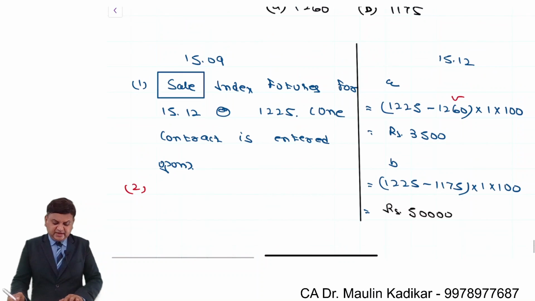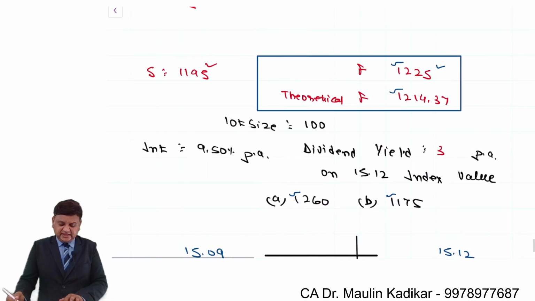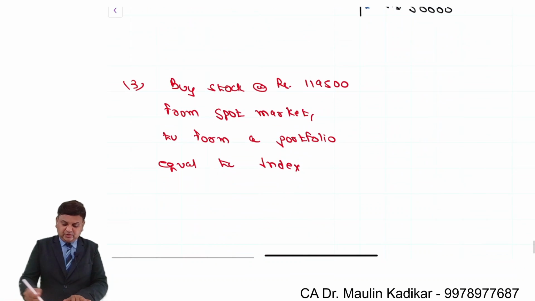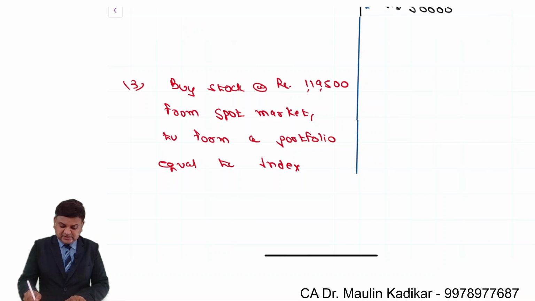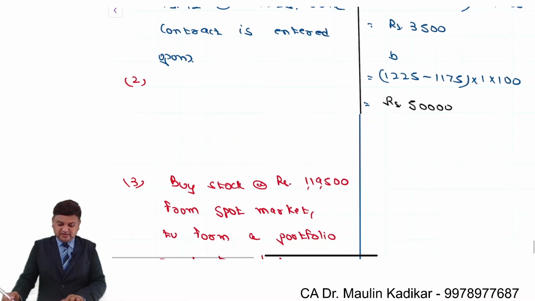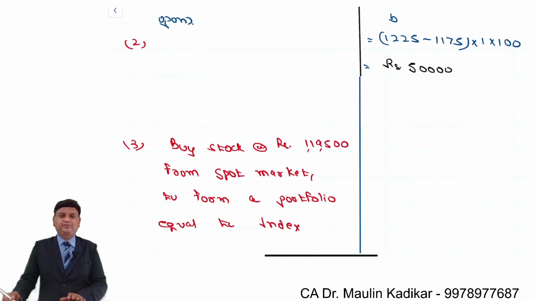Now dear students, I have told you even earlier that index is only a hypothetical value which is assigned to a certain number of shares. So at 1195 into 100, that comes to 1,19,500. That is the amount of the investment that you should make in a portfolio which is equal to the existing index.